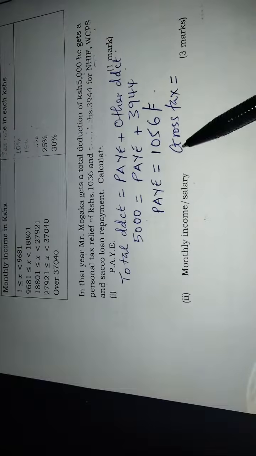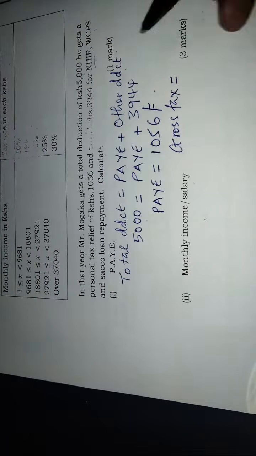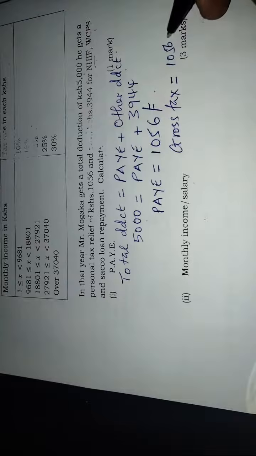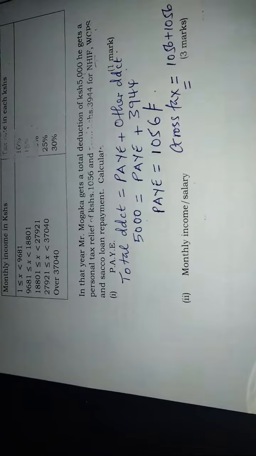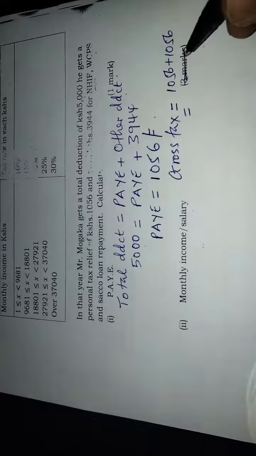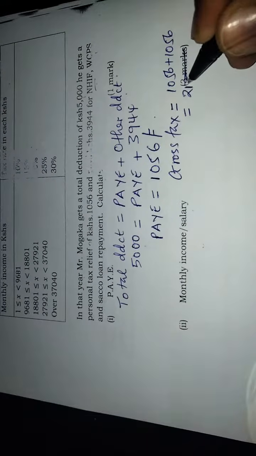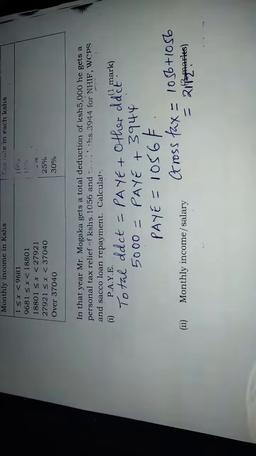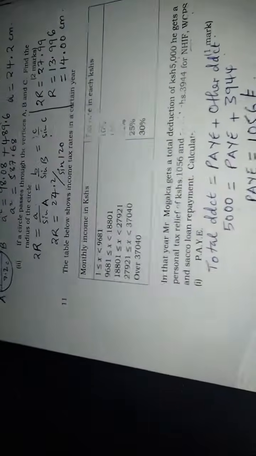So to get the total tax, or rather the gross tax, we need 1056, which is the payee, and we add the 1056, which is the relief given to this guy. Therefore, we're going to have it as 2112. So this guy has a gross tax of 2112 Kenya shillings.